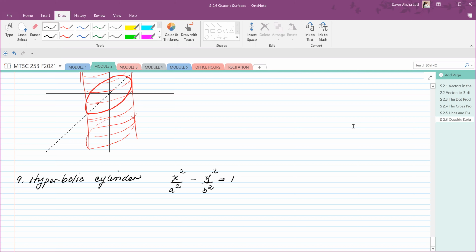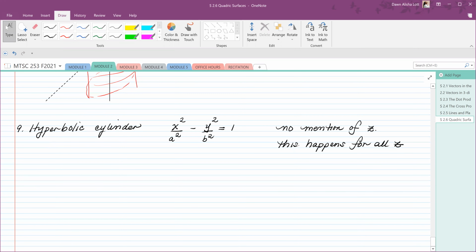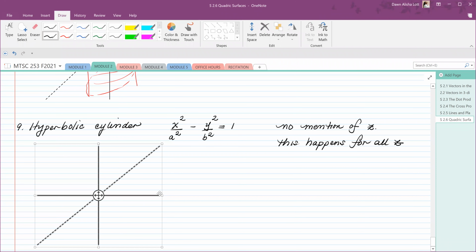And again, no mention of z, so it happens for every z. So I may have a hyperbola that looks like this.